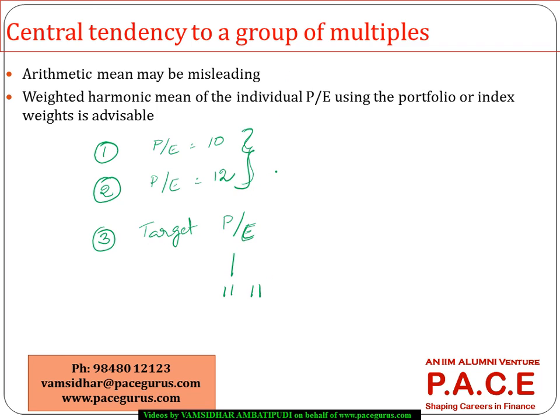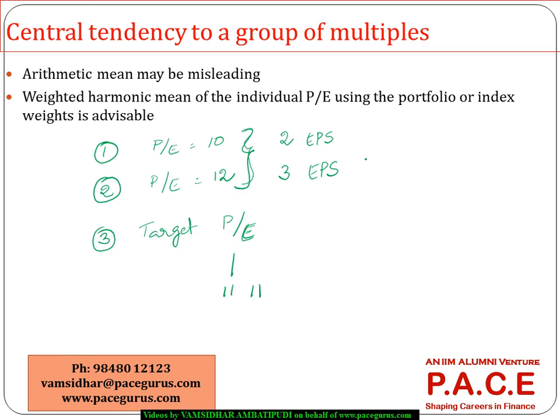But let me look at it the other way. If I say the earnings for this company are $2 per share, and the EPS for this is $3 per share.